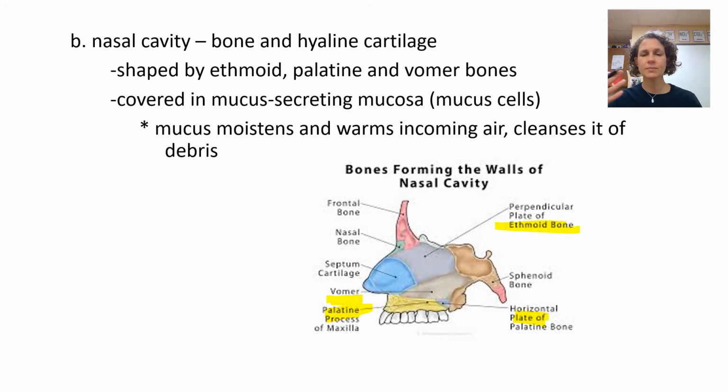So there are more that are kind of surrounding, but those are the big 3. This septum cartilage right here that they have labeled, that is like your nose.